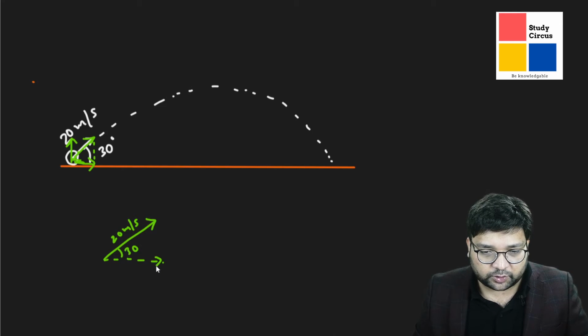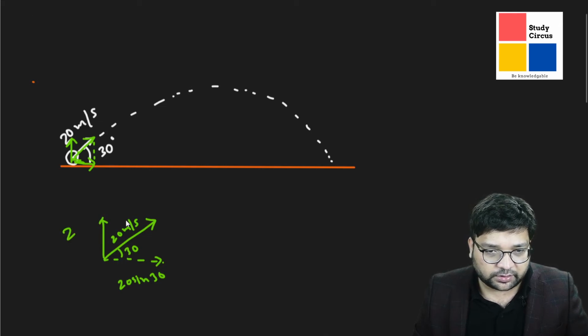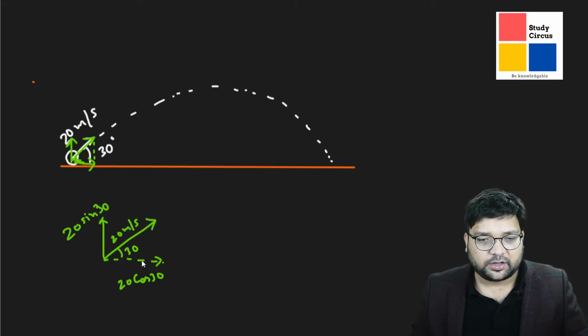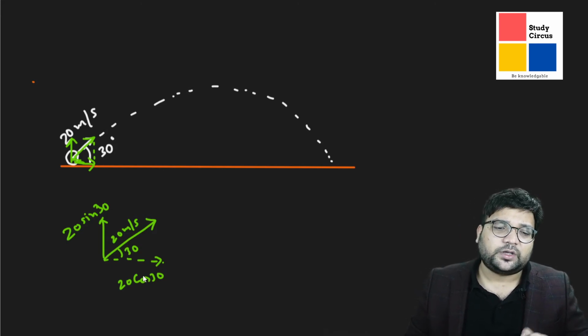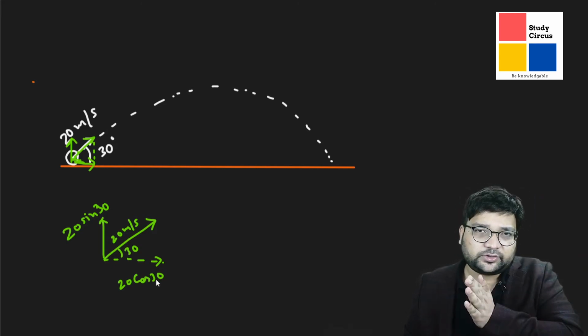So we know the x component is 20 cos 30 and the y component is 20 sine 30, the vertical component. So the initial speed in the horizontal direction is 20 cos 30.